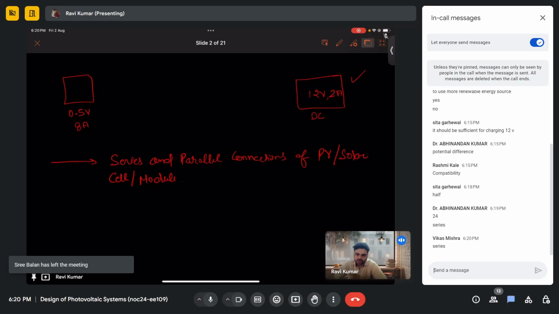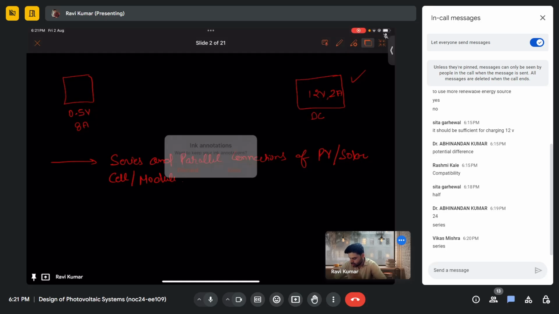So this is the motivation behind today's class. And now you got it why we are studying series and parallel connections. Because for an application a single cell is not sufficient, so we need multiple cells and multiple modules connected in series or parallel combinations. That is clear.